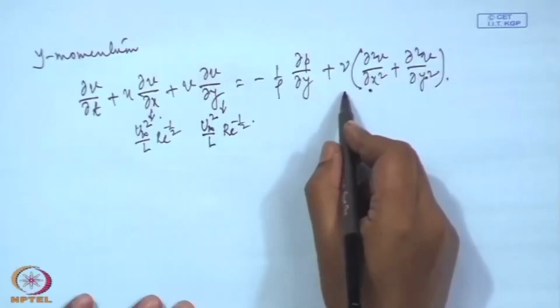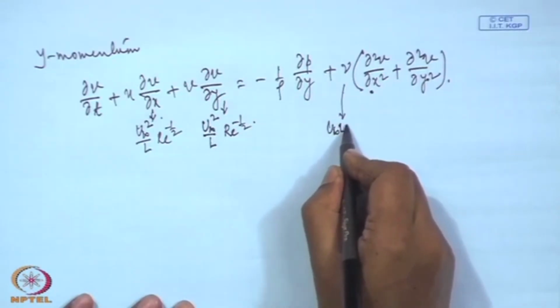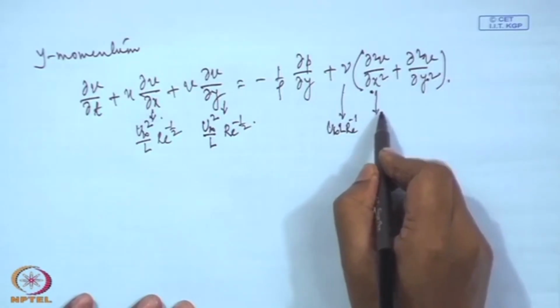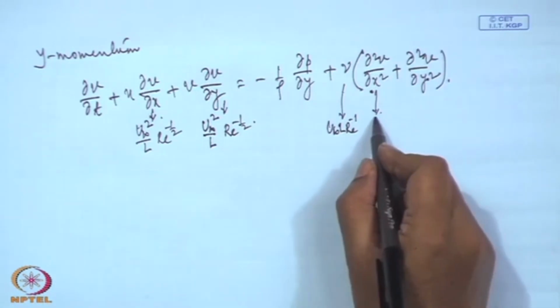And then the other, u infinity by L squared.